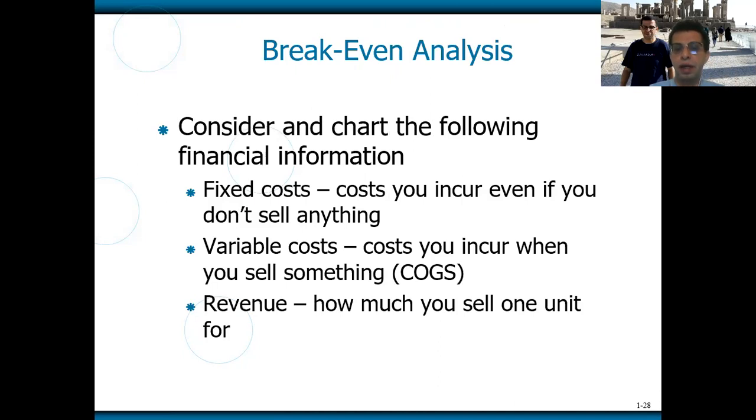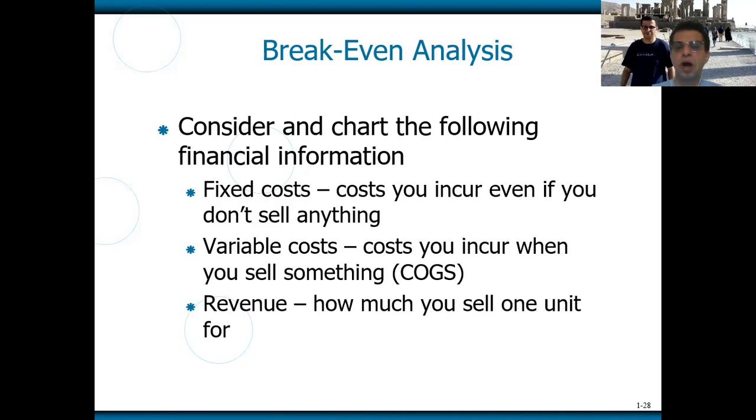Now, the break-even analysis considers and charts the following financials. As you know from macro and microeconomics, fixed costs are costs you incur even if you don't sell anything, like renting an office that you are not utilizing.